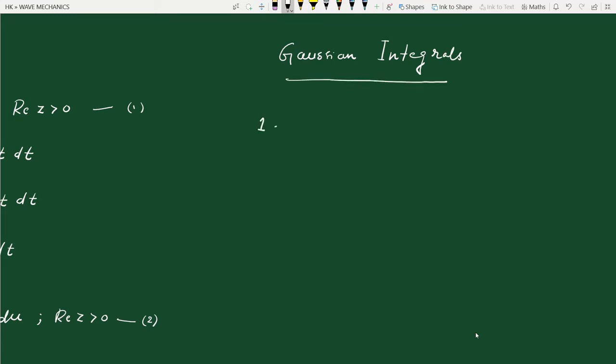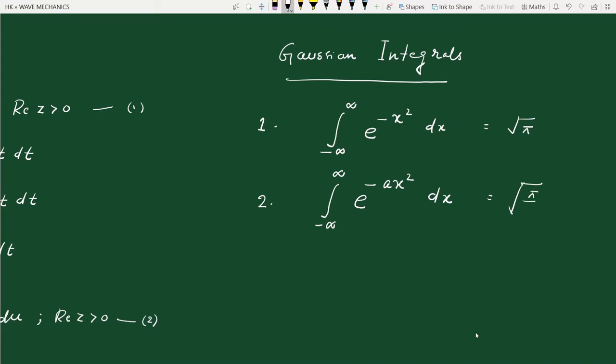One integration that we are interested in, that we have already established, is this one: minus infinity to plus infinity e raised to minus x square dx. This is nothing but gamma half, and this we have proved to be root pi. Now second, a related quantity, minus infinity to plus infinity e raised to minus a x square dx. This is root pi by a.